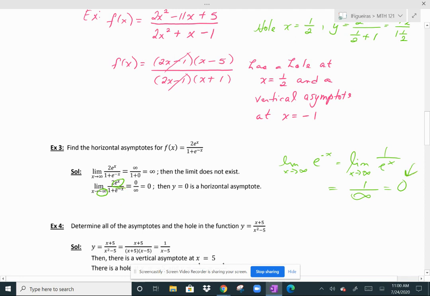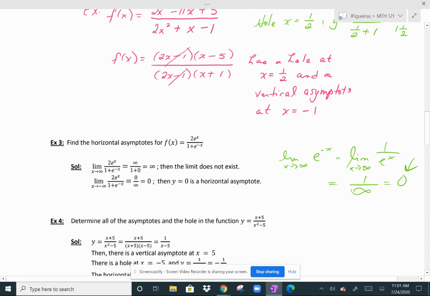But here, as x approaches negative infinity, e to the negative x, when you plug in negative infinity, that'll just be e to the infinity. So you have 0 over infinity, which is equal to 0. So therefore, y equal to 0, that's a finite number. And therefore, I do have one horizontal asymptote at y equal to 0.